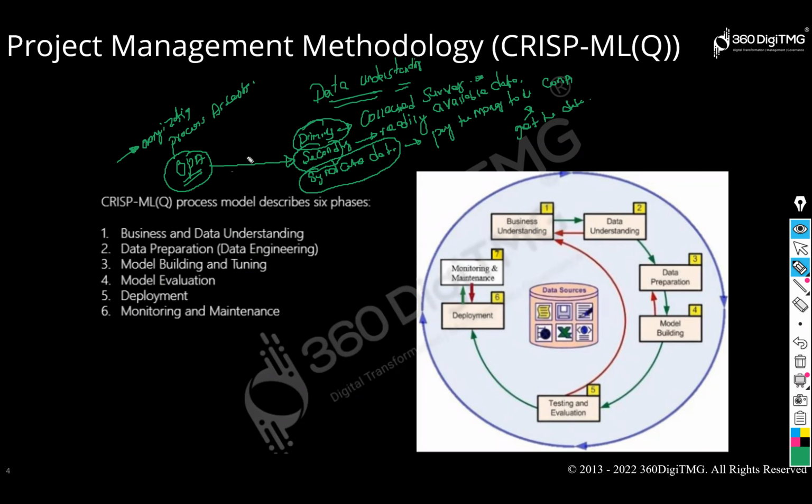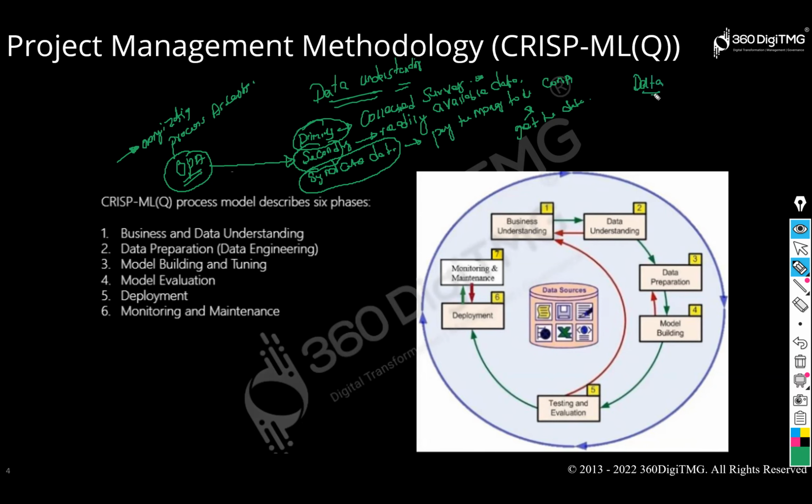Okay. Now we will analyze different types of data. What are the different types of data that we have in our hand? First of all, you need to understand about data.